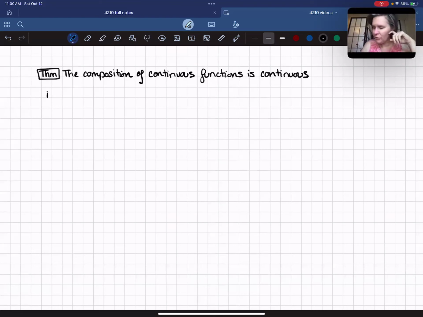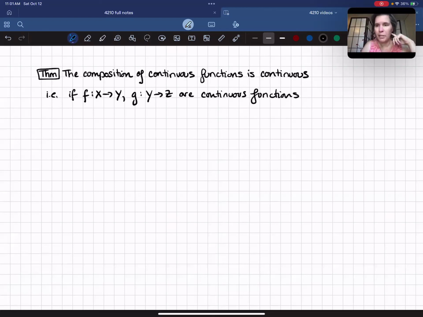If f goes from X to Y and g goes from Y to Z, and those are continuous functions, where X, Y, and Z are topological spaces, then h, which is the function g composed with f, so you start with f taking something from X to Y, and then the output gets plugged into the g function and goes from Y to Z, so h goes from X to Z, is also continuous.